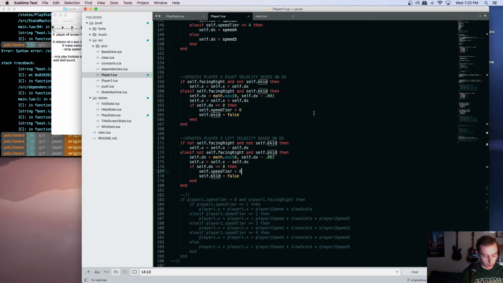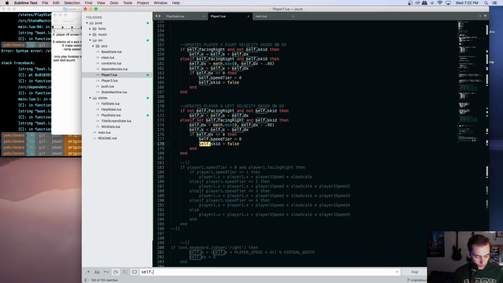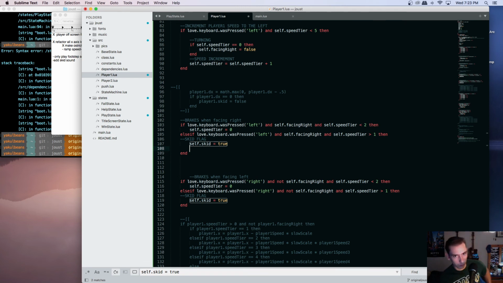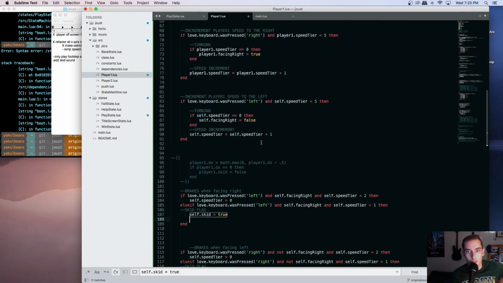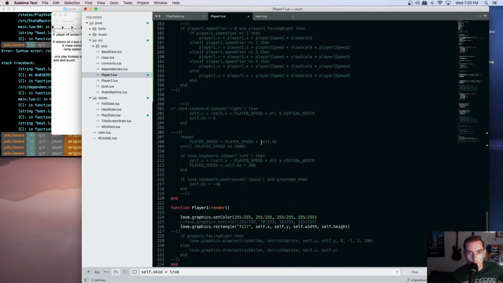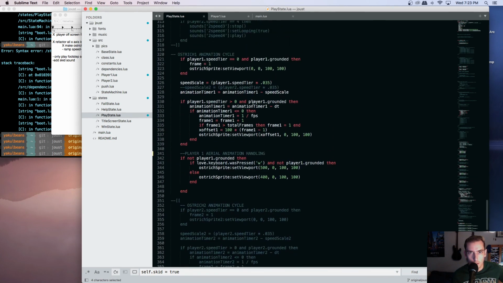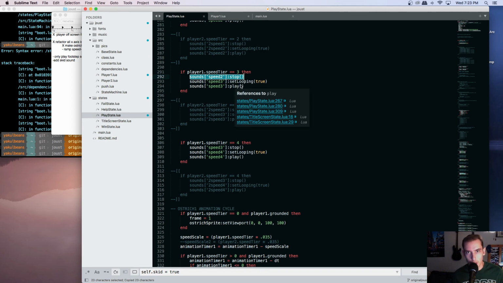So what's great about the logic here is we can control it. When self.skid gets set to true, that's when it's set. So if the skid flag gets set, then we can play the sound, which in Lua is like sounds with a string key.